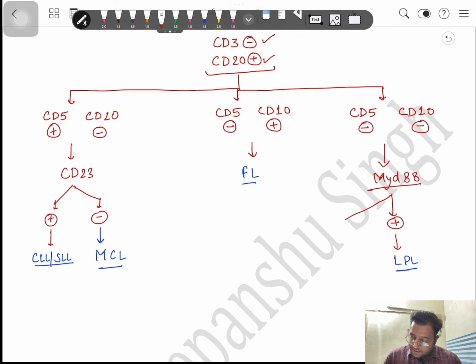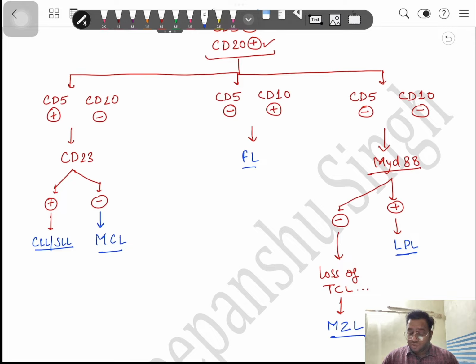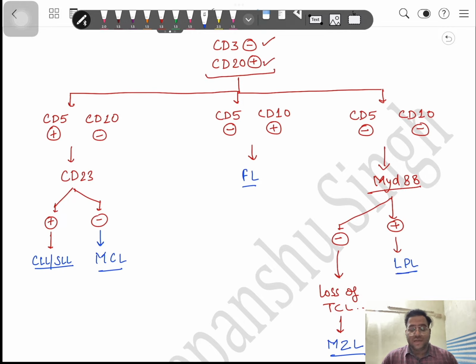If it is negative, then we look for loss of TCL or many more are there. Then we can think of marginal zone lymphoma. Simple. So this is a workup for the low grade B cell lymphomas.